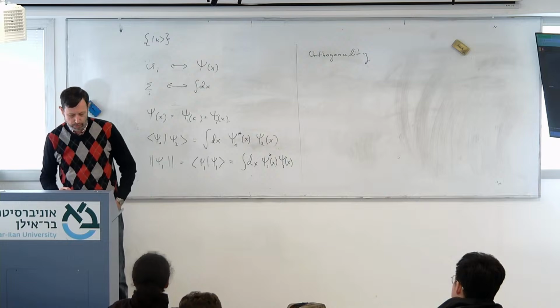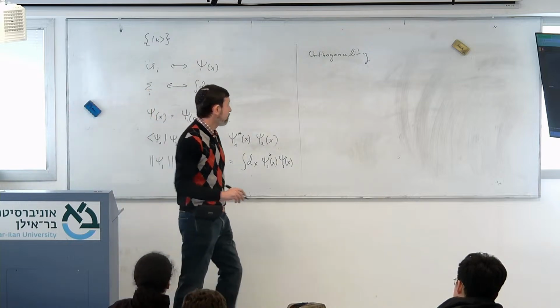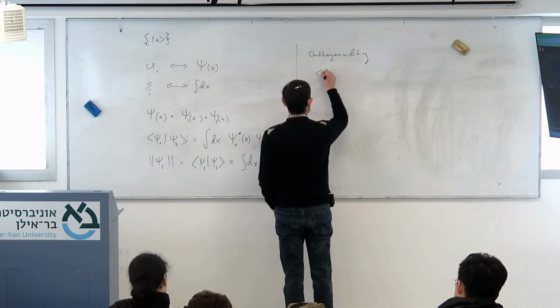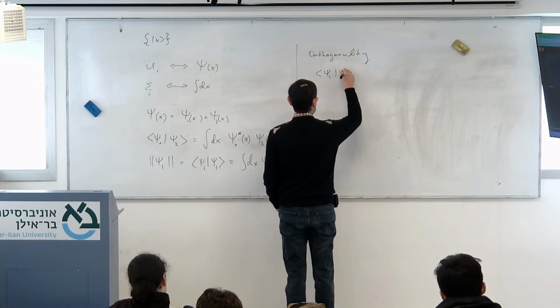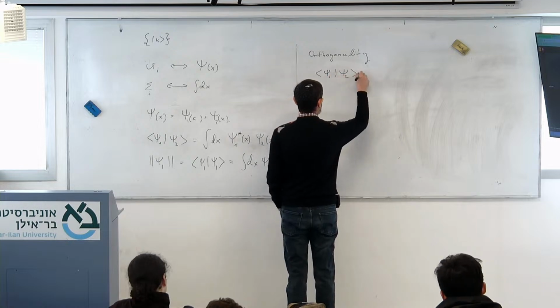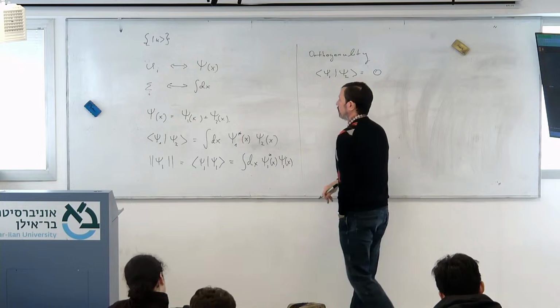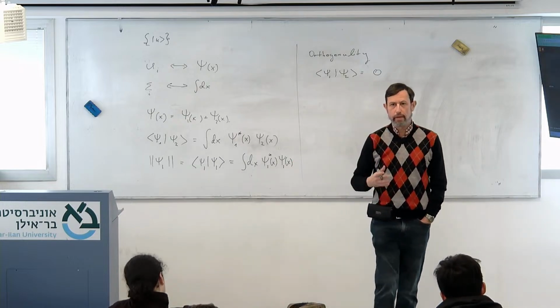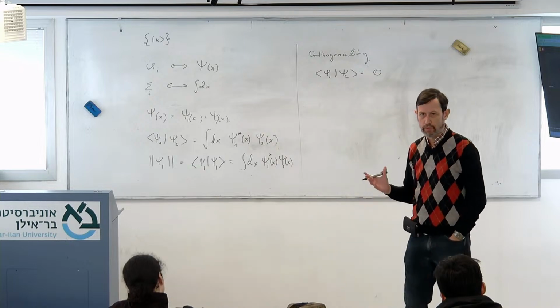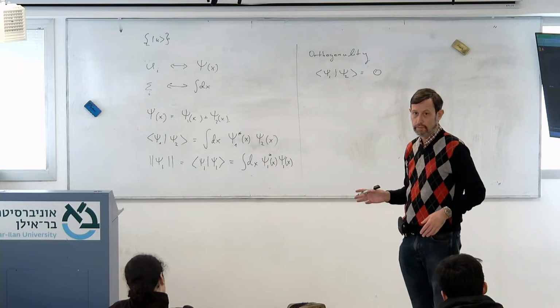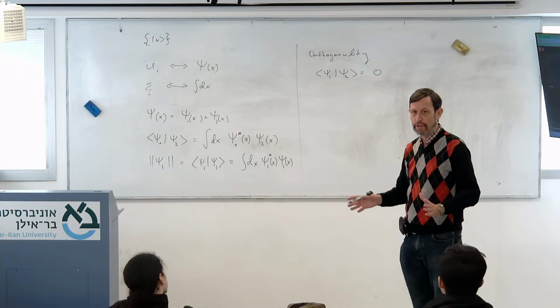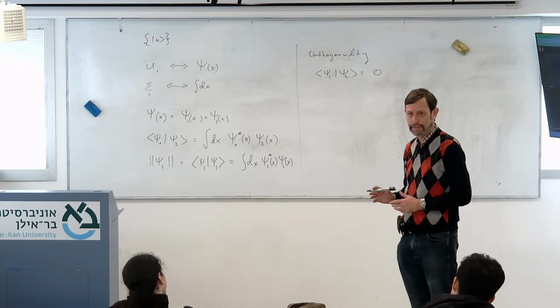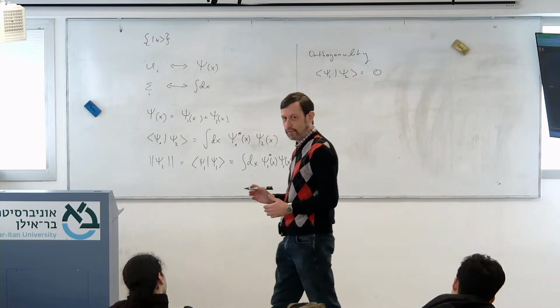Orthogonality between two functions: if this is fulfilled, psi1 and psi2 are orthogonal to each other. So we have a dictionary to all the things that we used for vectors.